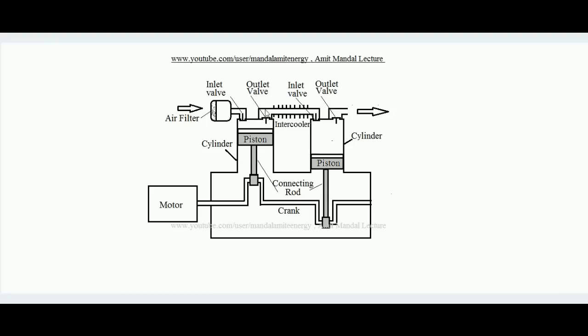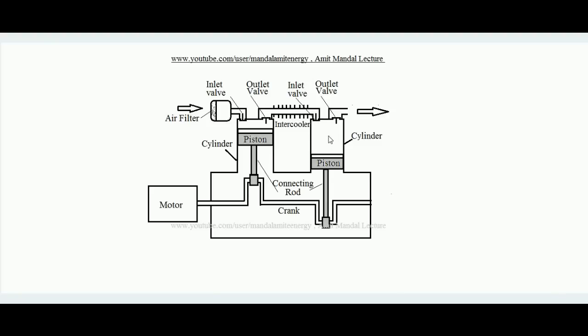In case hot gas passes through this intercooler, it loses its heat. Generally it is a sort of duct over which there are fins implanted. So the hot gas loses its heat to the atmosphere and ultimately becomes cold on the other end. From this end hot gas is entering and from the other end cold gas is coming out.